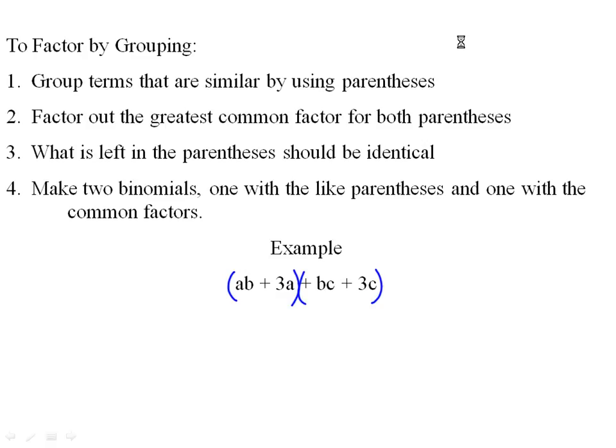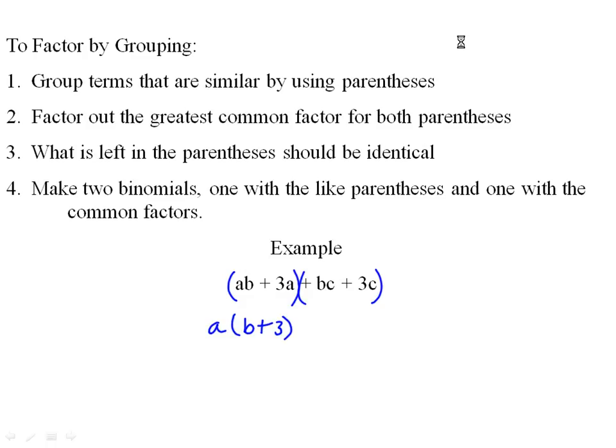So right now, I have a multiplication problem, right? I have a binomial times a binomial. It's a multiplication problem. Well, what I'm going to do is I'm going to take these 2 groups and I'm going to factor out what's in common in each group. Okay? So in this first group, what's in common? An A. Positive A. So let's bring out a positive A. And I'm going to have B plus 3 left over.